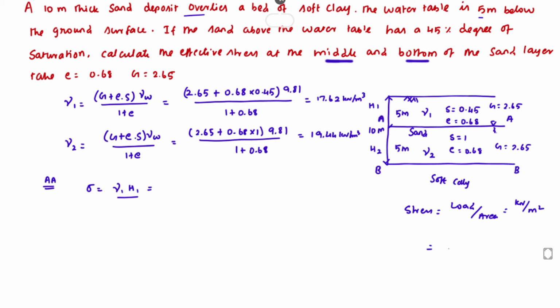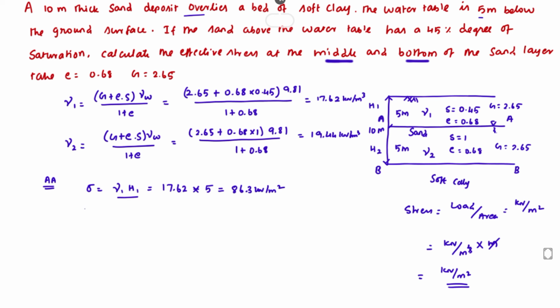The unit weight is in kilonewton per meter cube and the height is in meters, so meters cancel and we get kilonewton per meter square. That's why we multiply the unit weight by the height. So gamma 1 is 17.62 and H1 is 5. Solving this, we get 86.3 kilonewton per meter square.